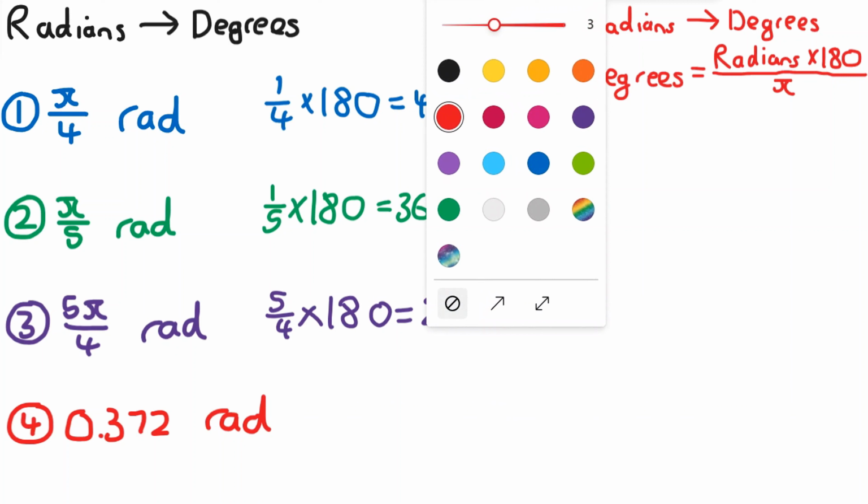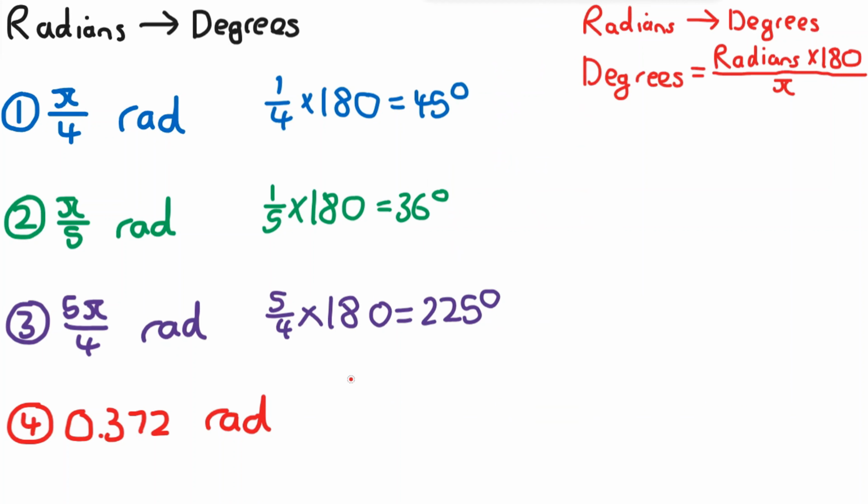For this final one here, again you need to times it by, so 0.372 times 180 like this. As this is a decimal, as we talked about before, we don't write it in terms of pi like this, we actually times it by pi and it's included in this.